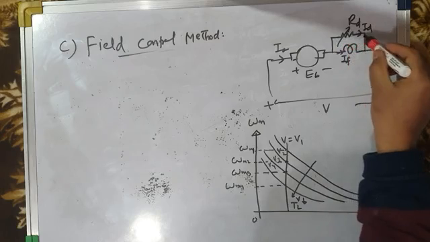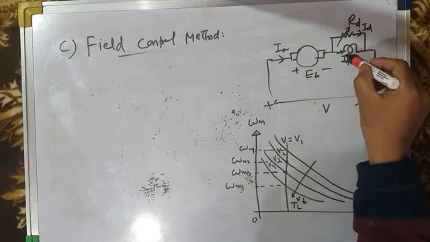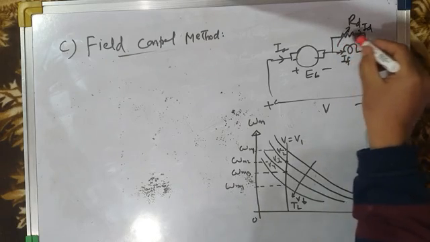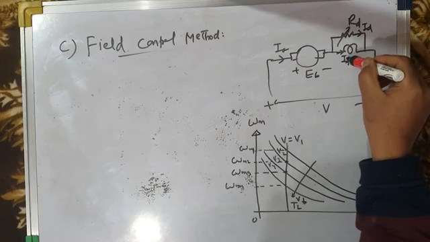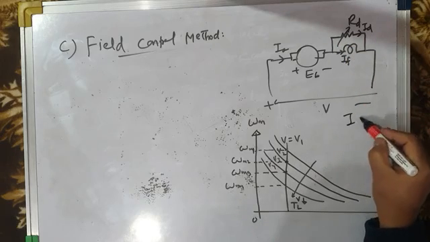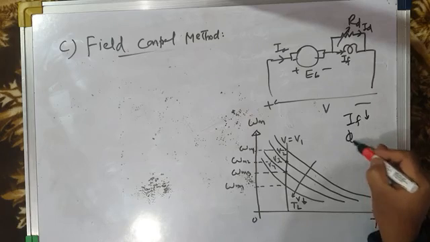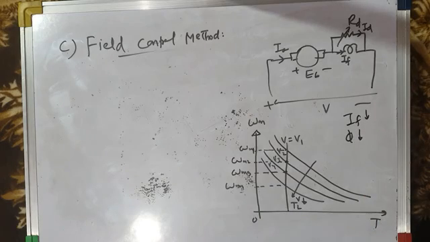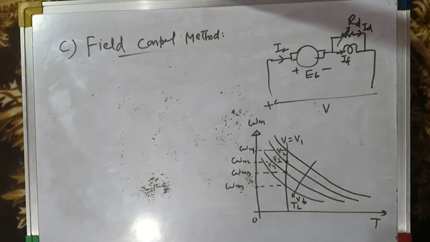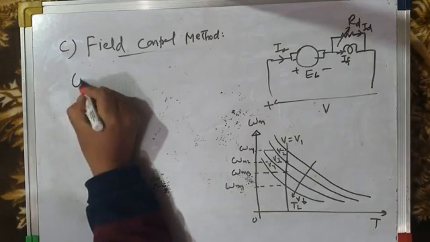But when you put the diverter resistance across the field winding, some current gets diverted through it and IF reduces. And when the field current IF reduces, that means flux reduces. Flux becomes less than rated flux. And when flux reduces, the speed will increase because speed is inversely proportional to field flux.